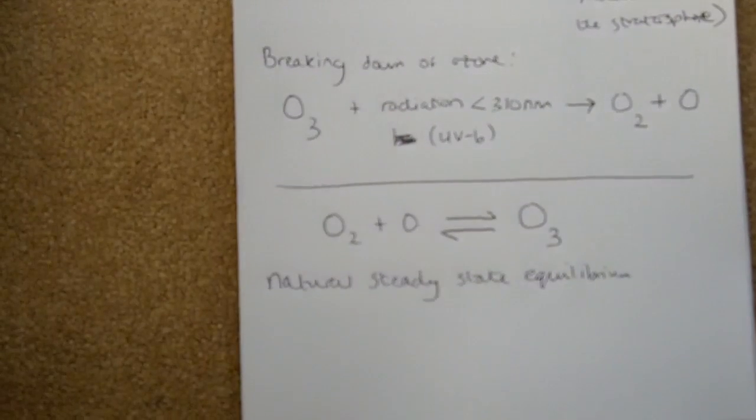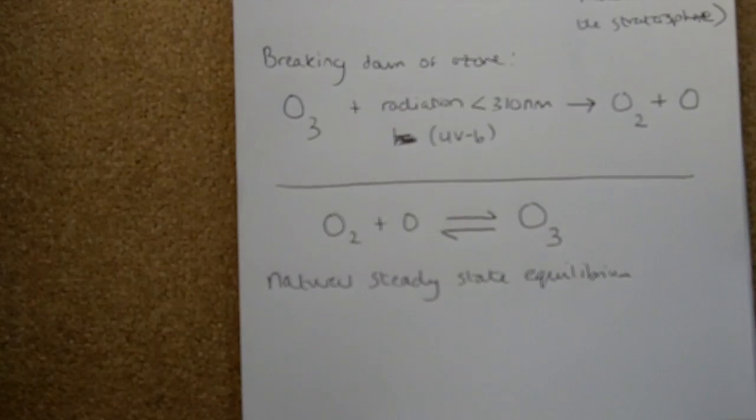This is just naturally occurring in the ozone layer. What happens then is humans put pollutants up into the atmosphere, and this damages the natural steady state equilibrium, and it is not in equilibrium anymore.